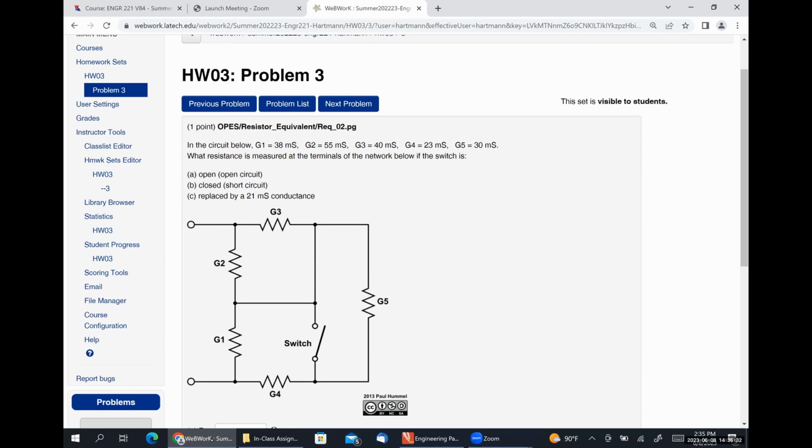For instance, the conductance G1 is 38 millisiemens, so the resistance would be 1 divided by 0.038, or 26.316 ohms. Once you convert all of those conductances into resistances, you can use simple resistance combination techniques like we've been doing, okay? So nothing real wild or crazy there. Just convert all of those conductances into resistances, and then you can directly apply everything that we've done.